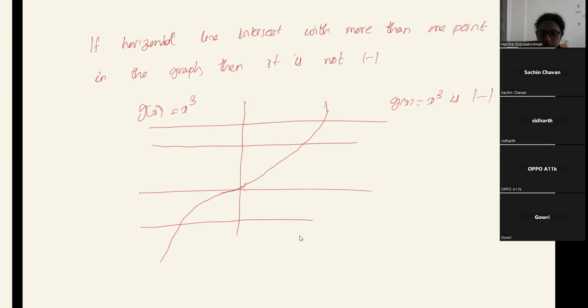Coming to this question, I think what he is asking is, if a horizontal line does not intersect, then whether it is 1-1 or not. So basically, if we are drawing a graph, like if the domain is R, obviously a horizontal line will intersect it.